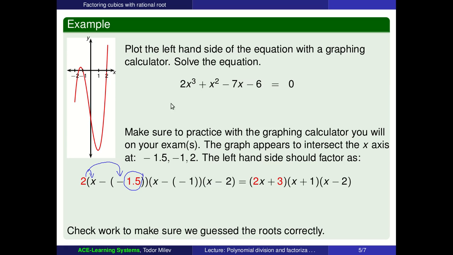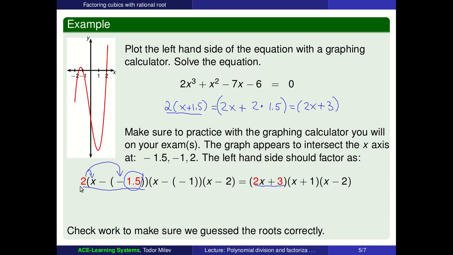So I'm going to have 2 times x plus 1.5. That's what I'm having here. And I'm going to simplify that as 2x plus 2 times 1.5, so 2x plus 3. That is what I have written here.